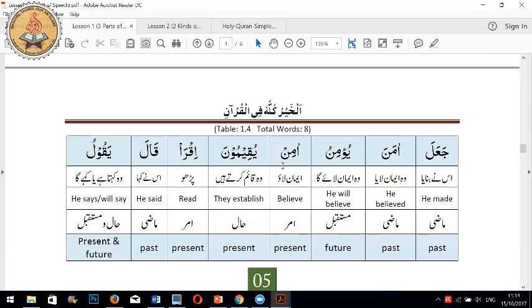وَإِذْ قَالَ رَبُّكَ لِلْمَلَائِكَةِ, Ruku number 4, section number 4, Surah Al-Baqarah. Another word, yaqul. Now, just look at the pattern. The first letter, the second, the third, and the fourth, and especially the last letter. You will say here, yaqulu, it does not relate to ja'ala, amana, or amin.